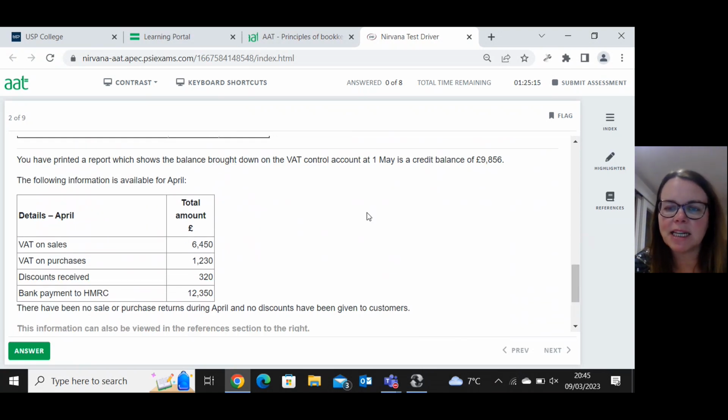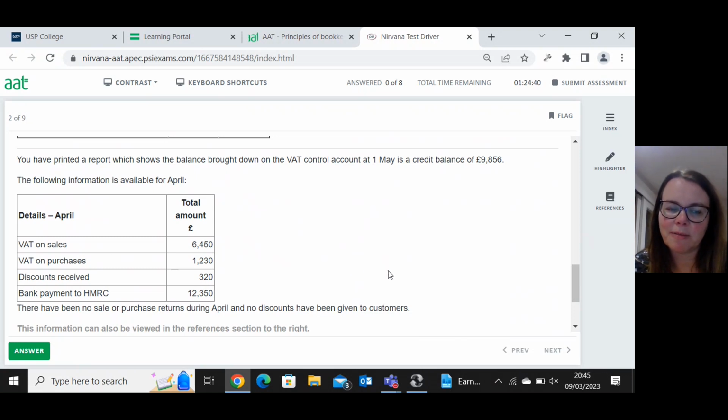And then you're going to put VAT on sales on the credit side, VAT on purchases on the debit side, discounts received on the credit side, and then the bank payment on the debit side. And then, of course, we've got this closing balance. So we know if it's a brought down credit, it's a carried down on the debit side. So we're going to put this 9856 also on the debit side of our account.